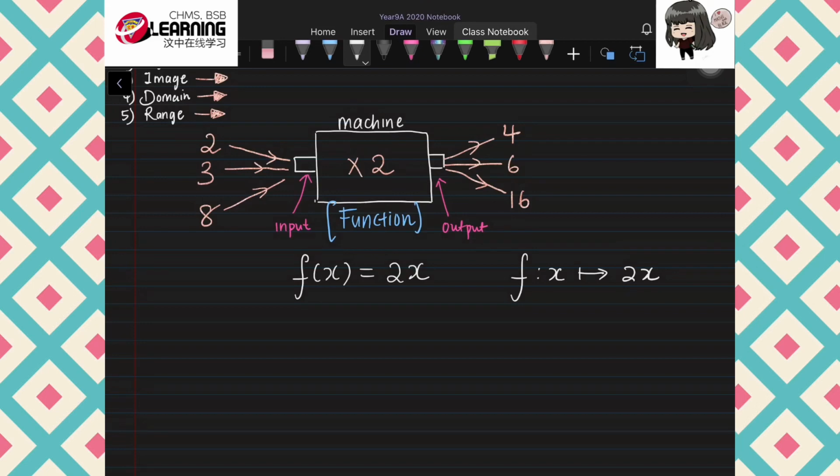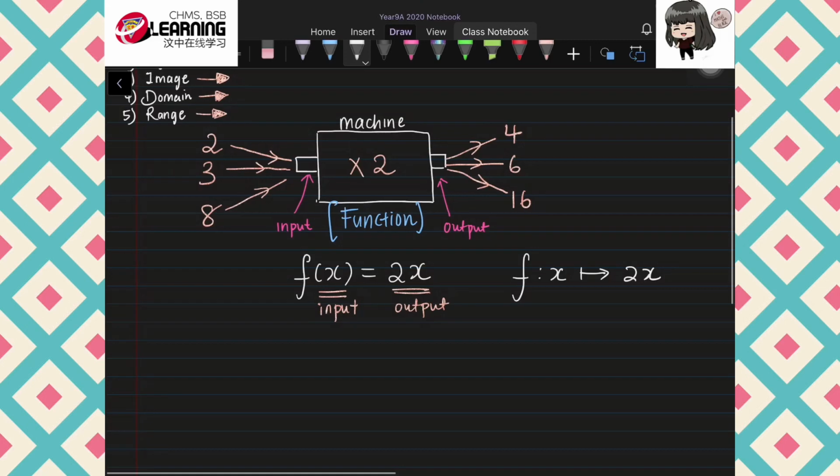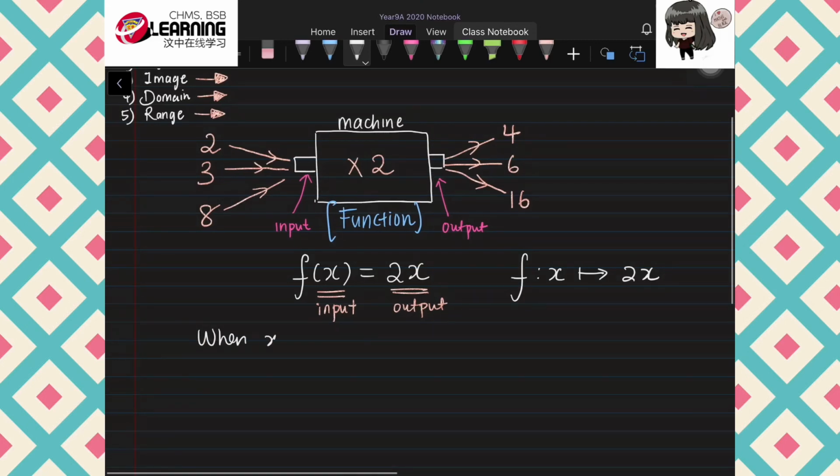It basically means x here is your input and 2x here is your output. So we can write that when x is 2, your function f will be 2 times 2, which is 4.